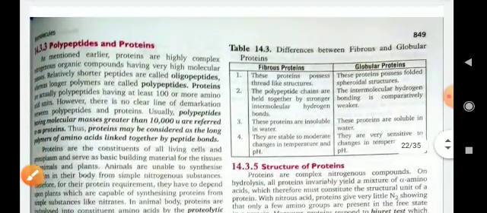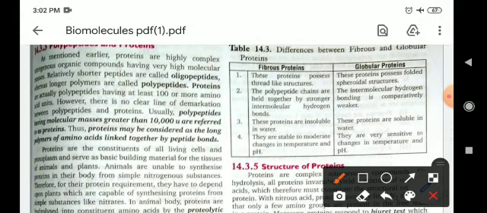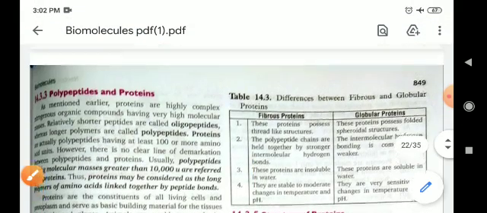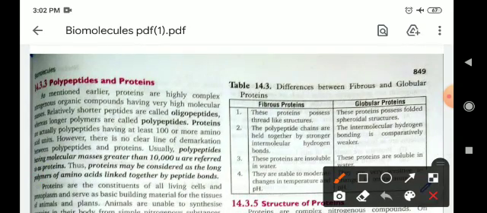Okay, so peptides and proteins. According to the peptides, we will discuss the proteins, because proteins are made up of amino acids in which a peptide bond is present. According to the peptide linkage, there are also oligopeptides and polypeptides.